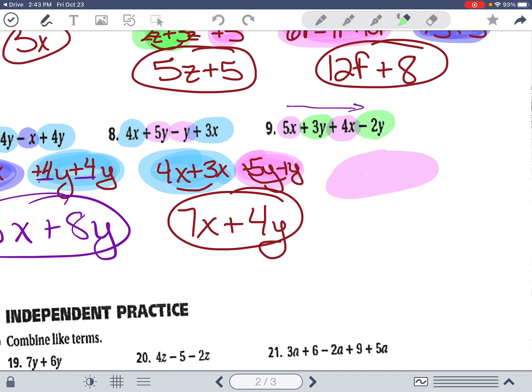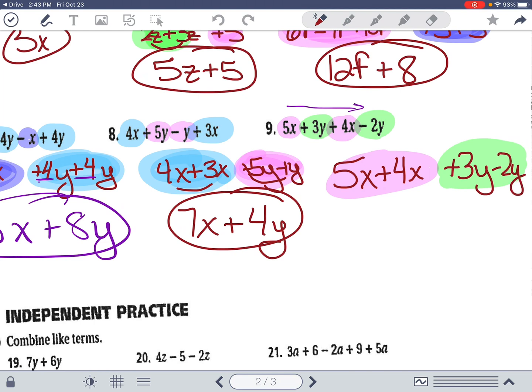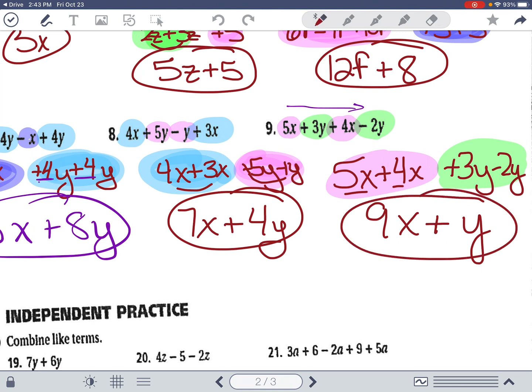There's a minus 2y. 5x plus 4x, plus 3y, take away 2y. All right, so 9x is here. And then a positive 3 and a minus 2 is a positive 1y. But I don't have to write that 1. It's invisible. Okay? And my final answer is 9x plus y.